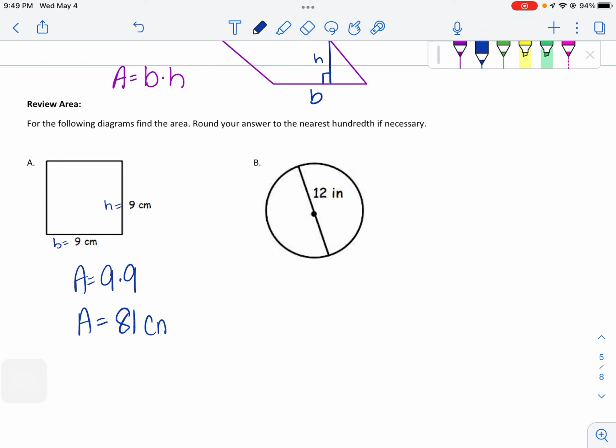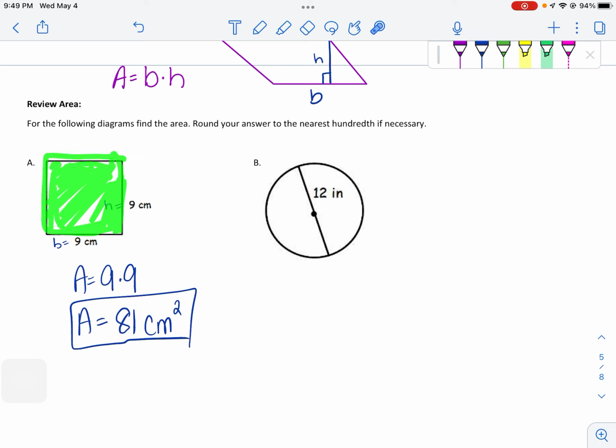So we would write our units as centimeters squared. So our area of that square would be 81 centimeters squared, or square centimeters. Because for area, we're measuring the amount inside the shape, the total area, not just the linear distance around. So the inside of the shape is measured in square units, so square centimeters.